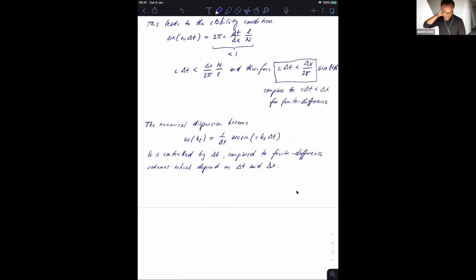So in principle, the pseudo-spectral method is highly accurate, and the numerical dispersion is controlled only by the time step size that we choose.